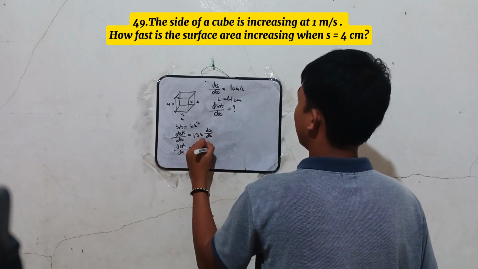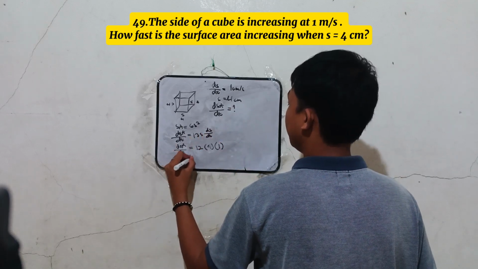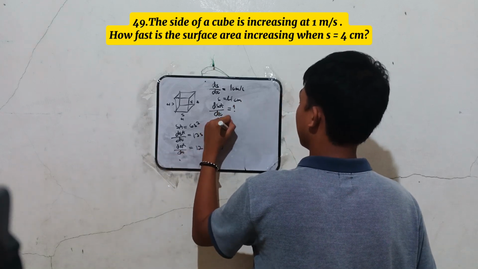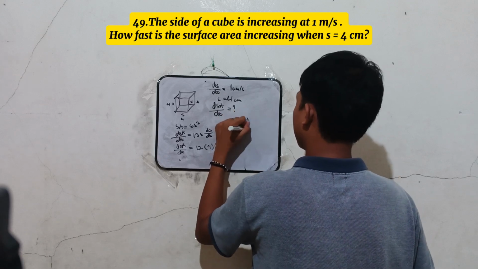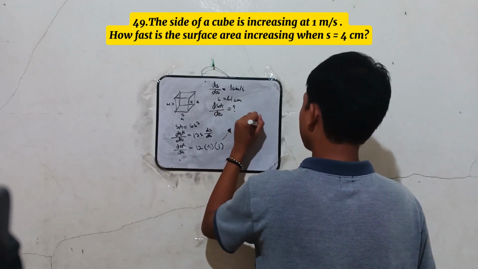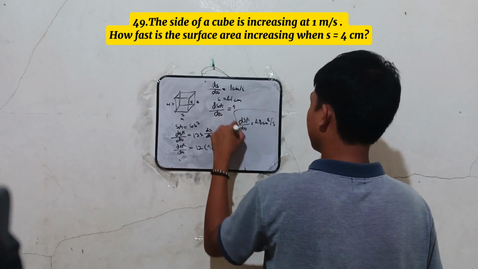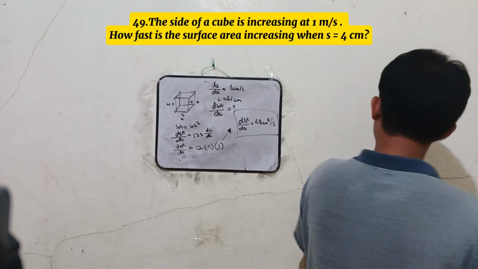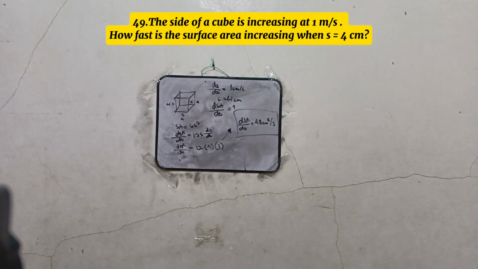So our s is 4. Then our ds over dt is 1. So our final answer would be 48 centimeters squared per second.